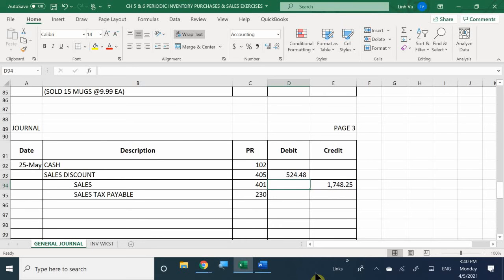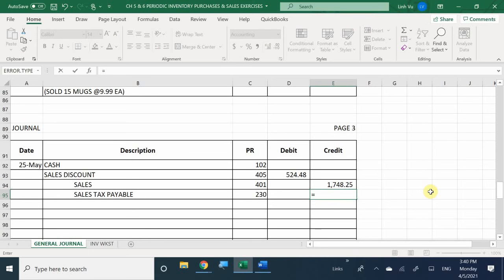All right. So now the next thing is we have to calculate how much tax we're going to be charging. Now, if you guys remember from before, which amount can we actually be taxed at? Are we going to tax the original full price, or are we going to be taxing the discounted amount? Discounted, correct.